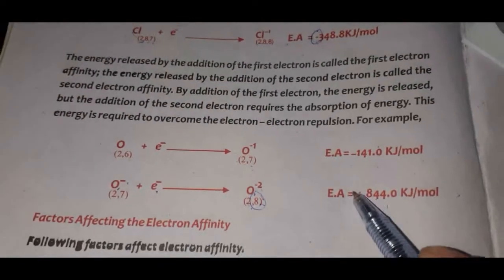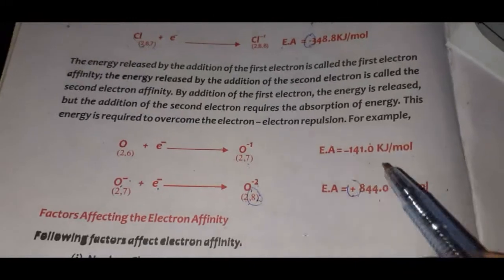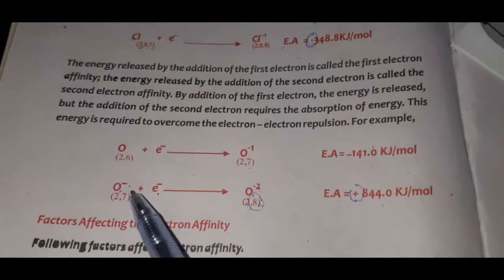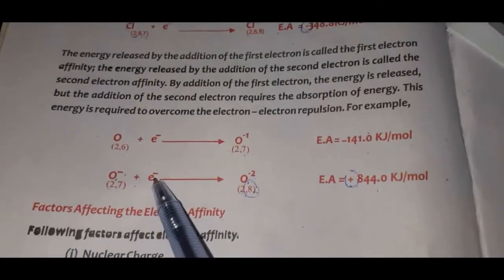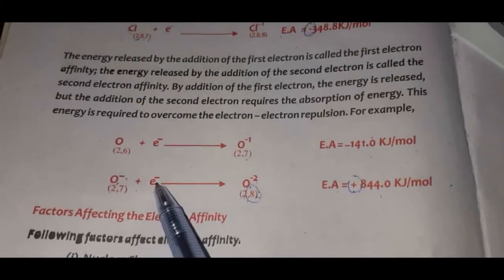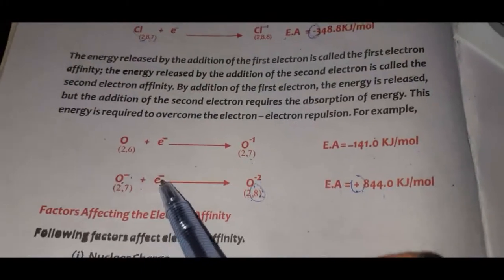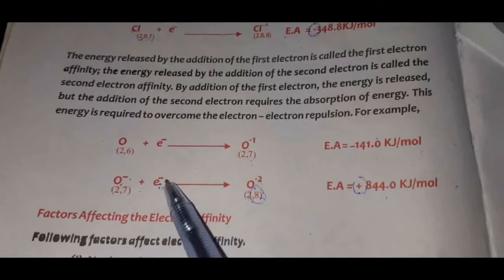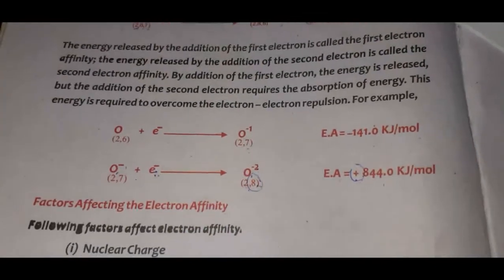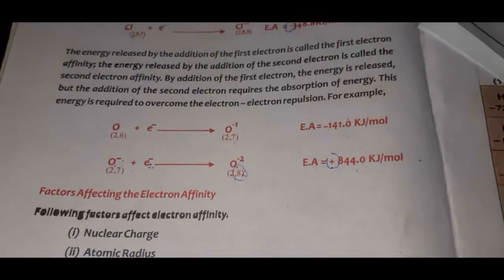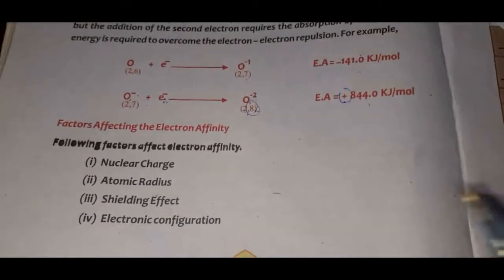Why is this plus over here? That is because now this income of an electron will require energy. For what purpose? To overcome the electron repulsion, right? Okay. So I hope it's clear now to everyone.